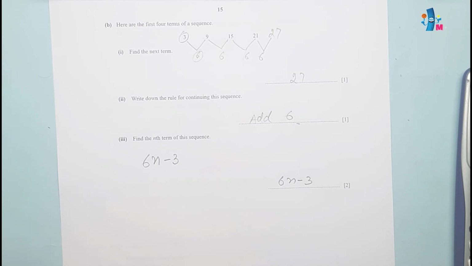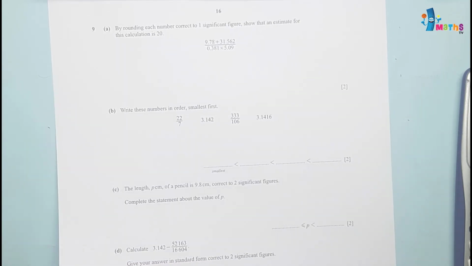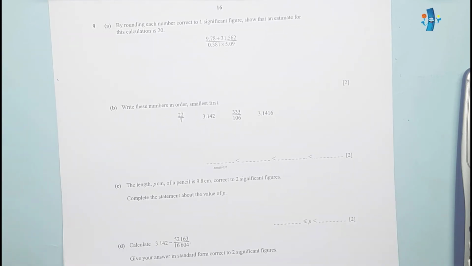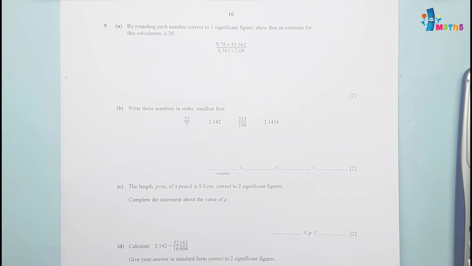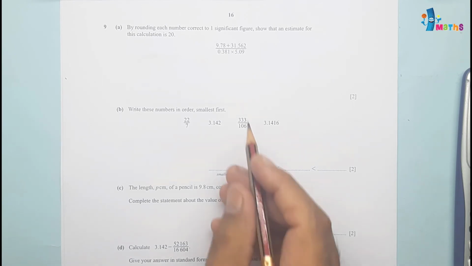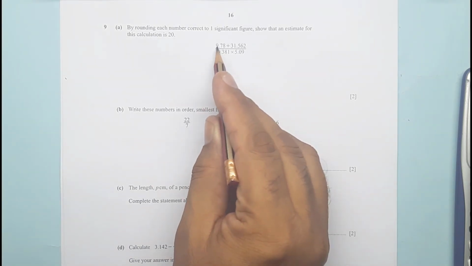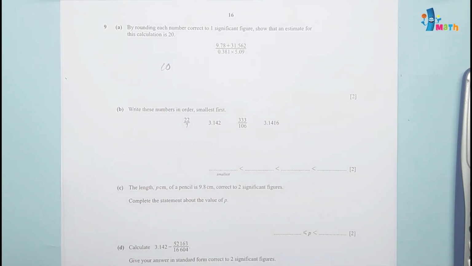Now the next question is over here. By rounding each number correct to one significant figure, show that an estimate of this calculation is 20. So this is 9.78; we can write the estimate rounded to one significant figure as 10.